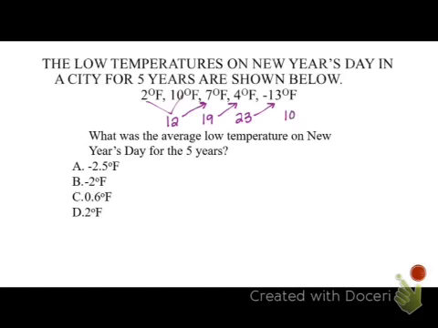So the total sum is 10, and you would then divide that number by the total amount of numbers, which is 5. So 10 divided by 5 is 2, meaning the average low temperature on New Year's Day for the last 5 years was 2 degrees Fahrenheit.